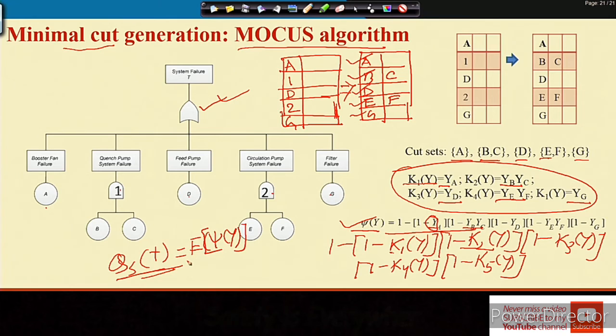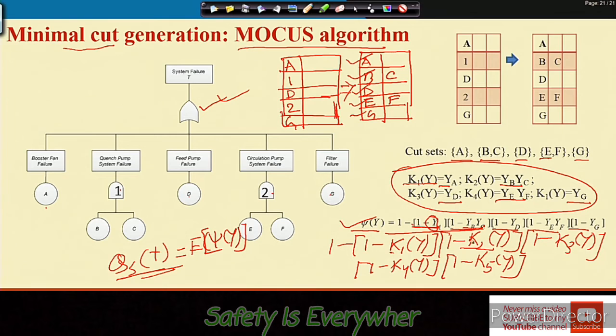The only thing you have to see is that all the terms, 1 minus y A, 1 minus y B y C, 1 minus y D, 1 minus y E y F, must be independent of each other. If those are not independent, meaning some indicator variable appears more than once, then you have to dig down fully, so that you can avoid the error that you have seen in the last lecture.